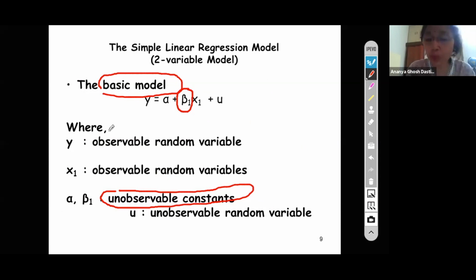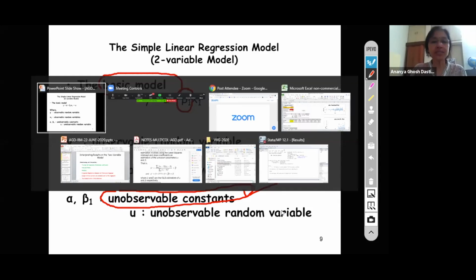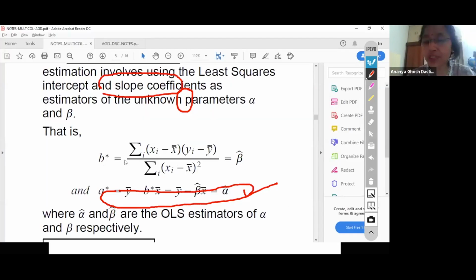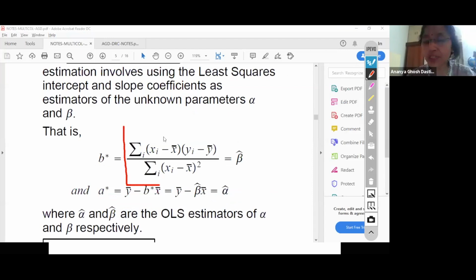Beta is the slope coefficient. Beta is, as I said, an unobservable constant. That is what beta is. Now cut to beta hat. What is beta hat? To see what beta hat is, let me take you to my notes, which say that once you've used the method of least squares, you get a formula for estimating beta.